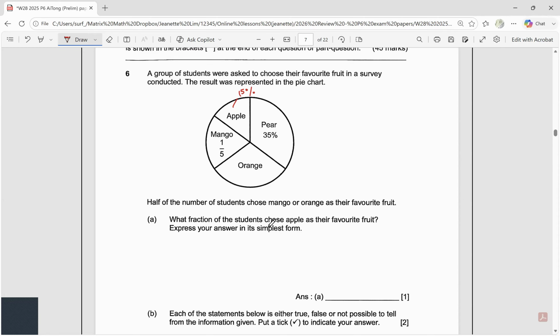Okay, before I do part A, let's find out all the percentages first. So for mango, one fifth as a percentage is 20%. If mango and orange is 50%, then orange will be 30%.